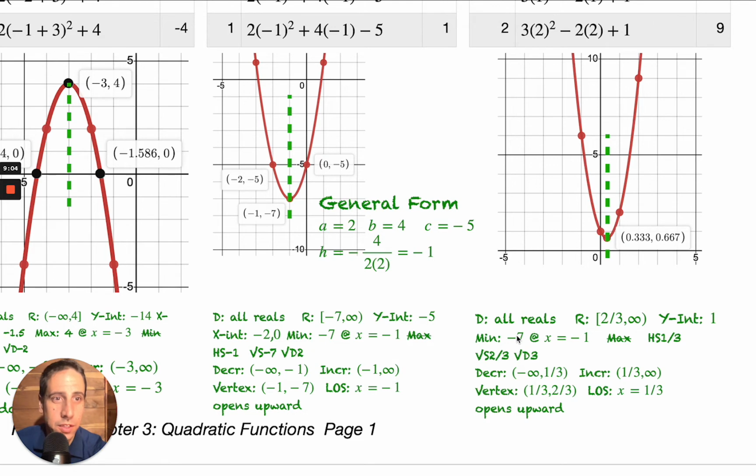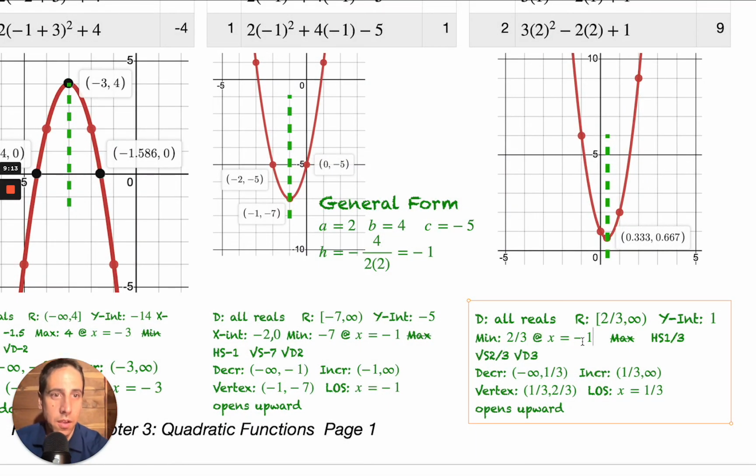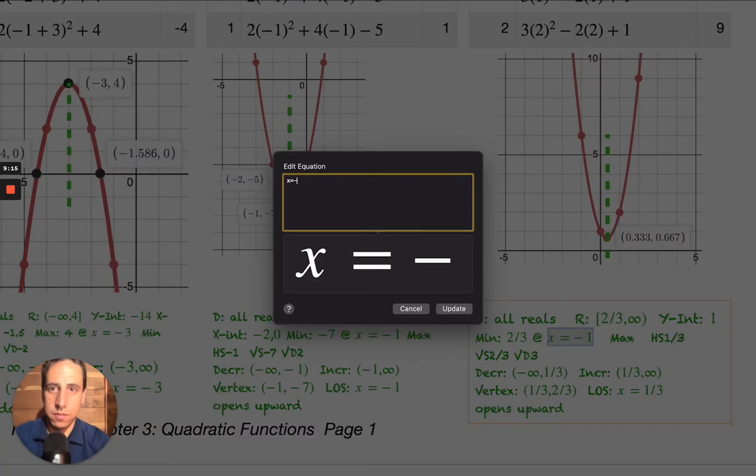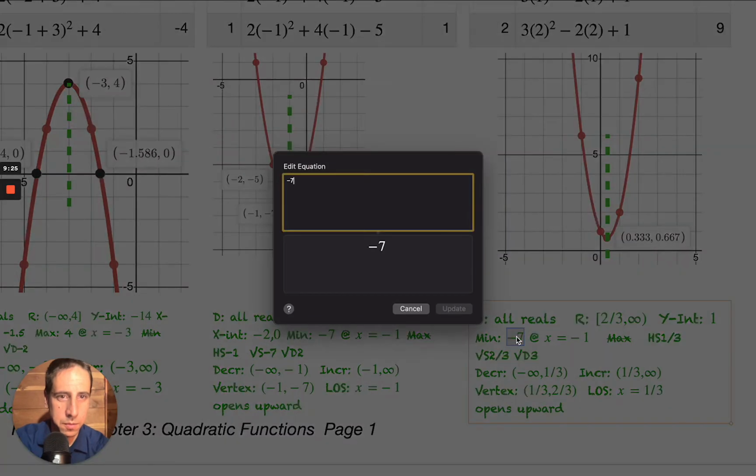The minimum value of the function is 2/3. Dang, I'm off my game. 2/3 when x is equal to 1/3. There is no maximum value. Ooh, no, it went away. Minimum is 1/3.